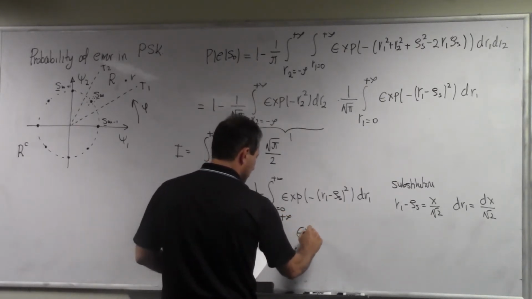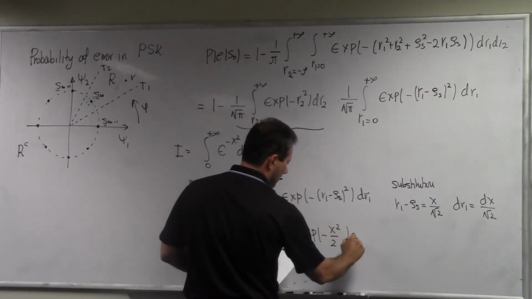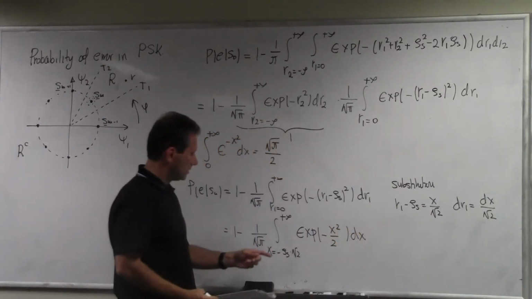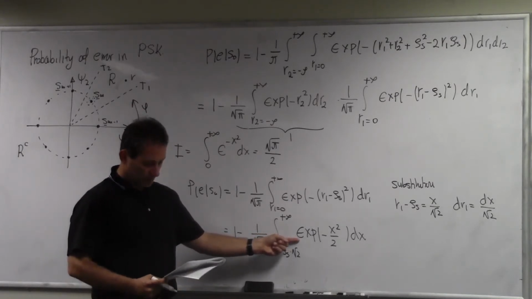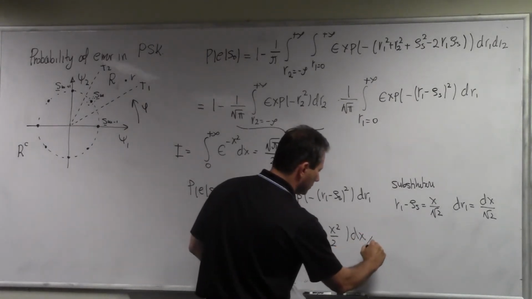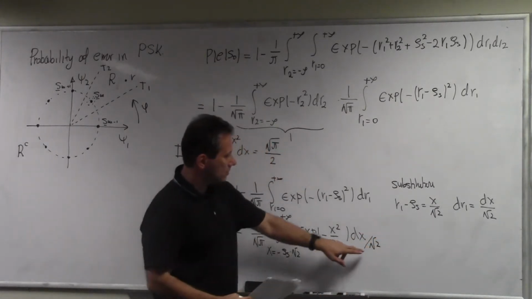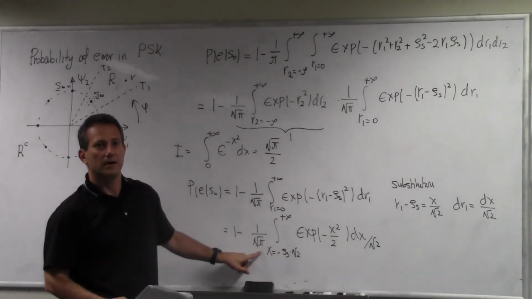And this becomes e to the minus x squared over 2 dx. What is this? I have to have here square root of 2. Now take the square root of 2 from here and bring it underneath this pi. What does this look like? Gaussian, right?